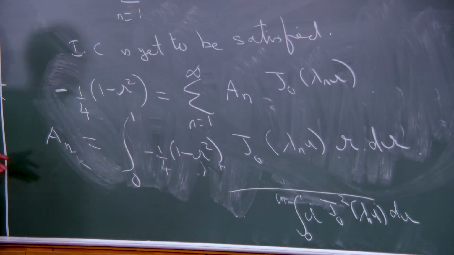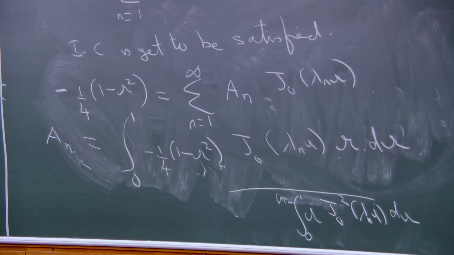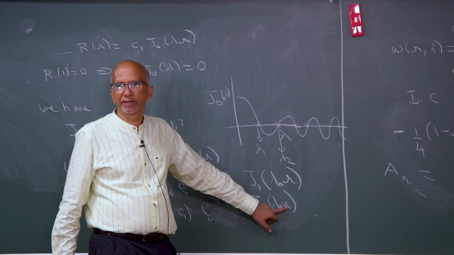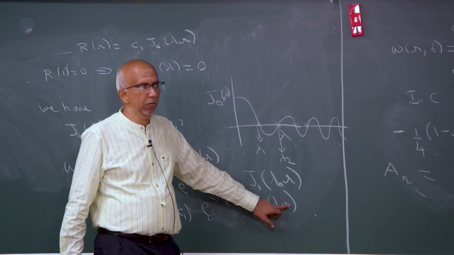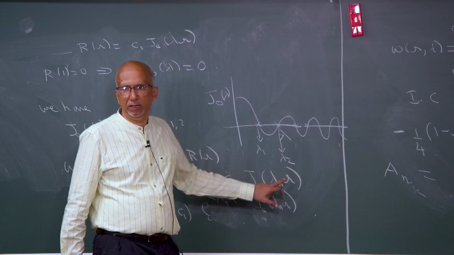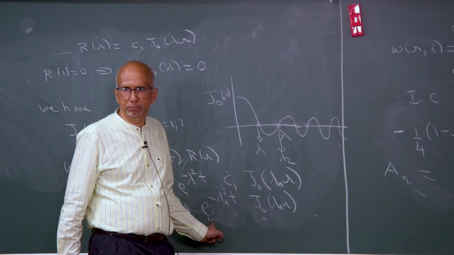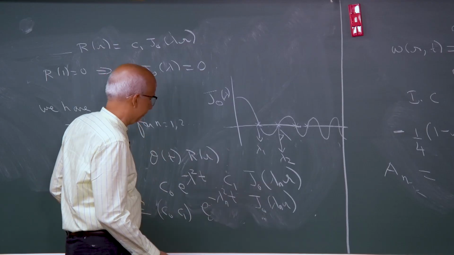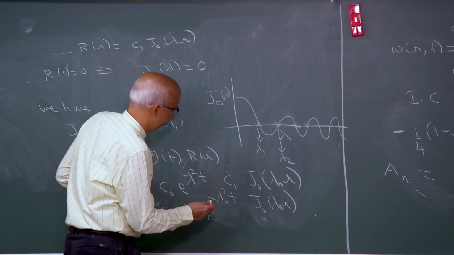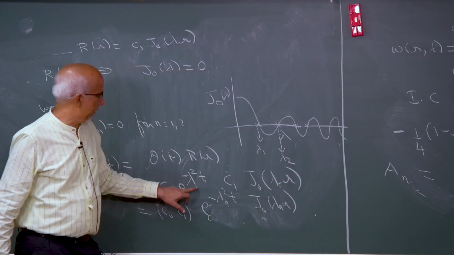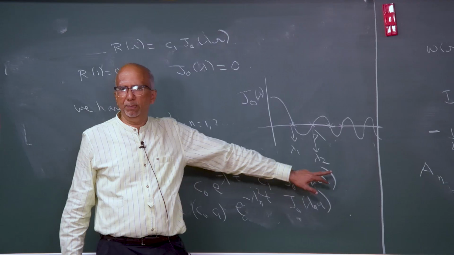I hope this is clear. I found one solution, and there are infinite roots, so everything is going to be a solution. E power minus lambda_1 squared t times J0(lambda_1 r) is a solution, and e power minus lambda_2 squared t times J0(lambda_2 r) will be a solution.